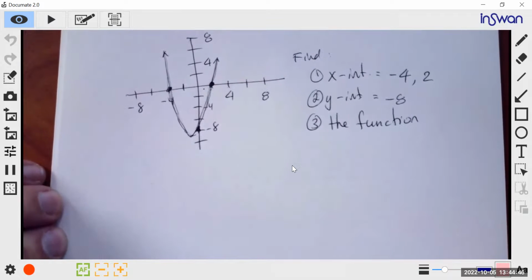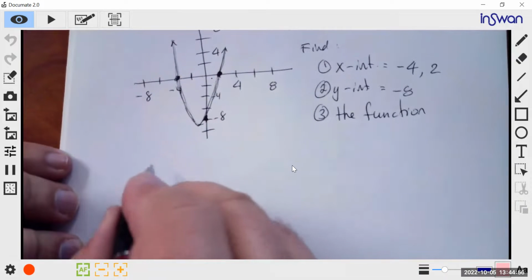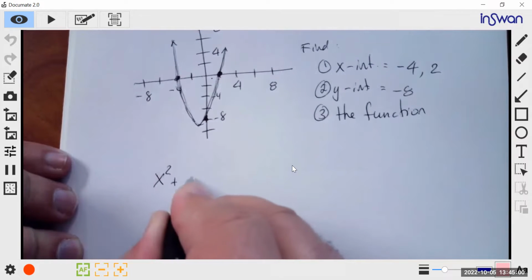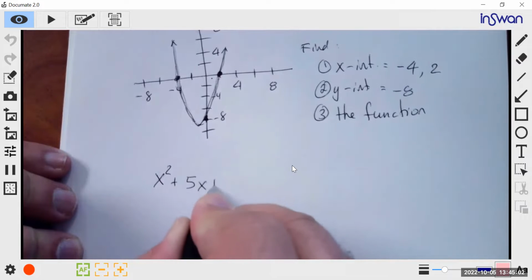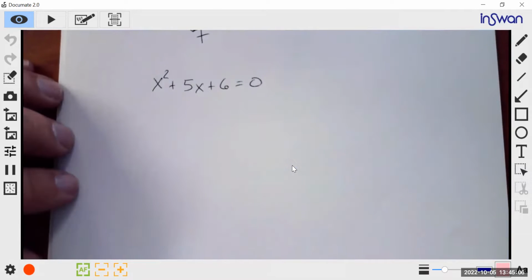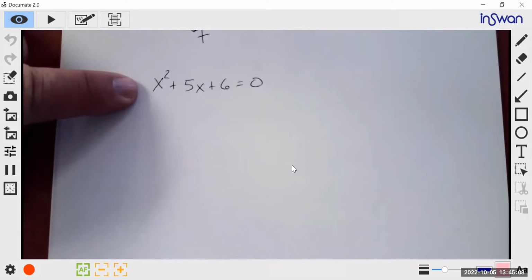Now, to find the function, the equation of the graph, we have to work backwards. I'll show you what I mean. So let's start with this. If I give you this equation, how would you solve it?